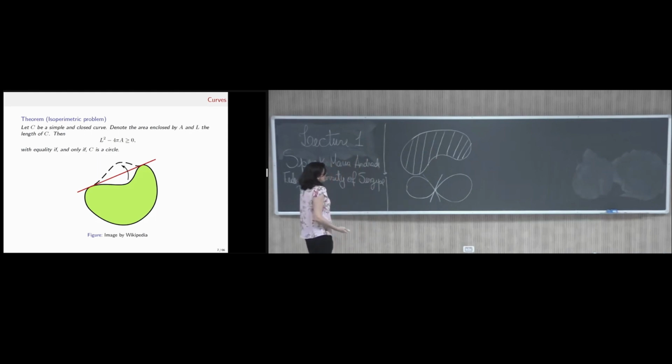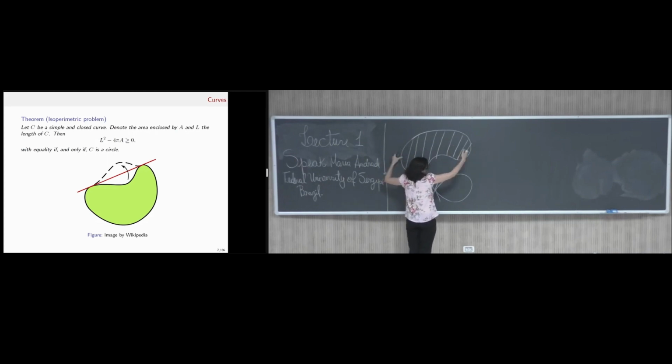What's this problem? You have here a curve, and you can calculate the length of the curve, and you can ask how you can put this curve in the plane so that this curve occupies the best area. What does that mean?